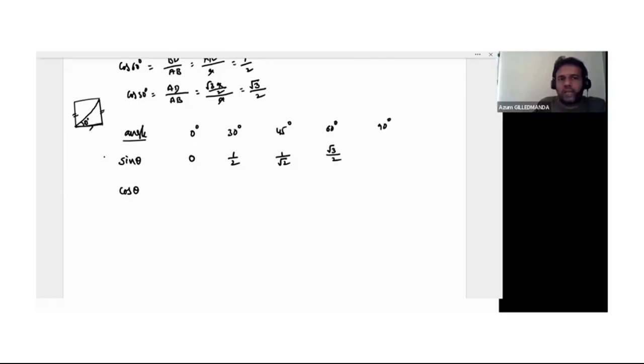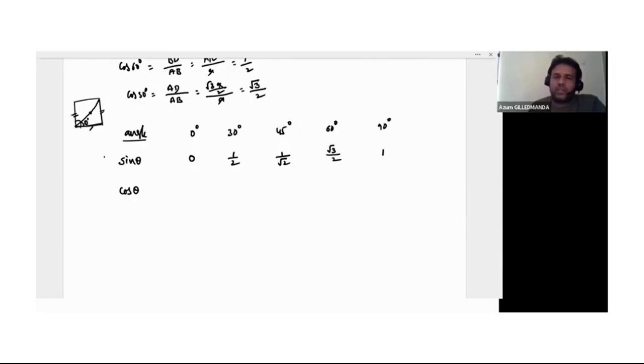So when I say 90 degrees, at that time, this value you will get as 1. Okay, so the hypotenuse and the length of this opposite side become equal when you draw a triangle for 90 degree. So the value for 90 degrees is 1. The value for 0 is 0. And for 30 degree, 1 by 2. 45 is 1 by root 2. And sine 60 is root 3 by 2.